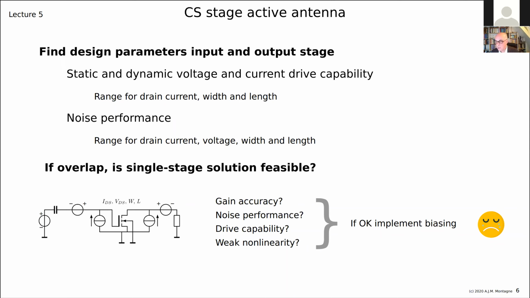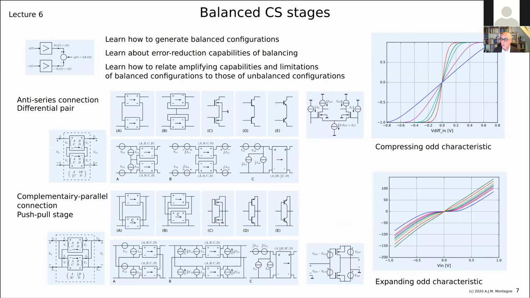And in structured electronic design, we have techniques for improvement. That's a limited number of techniques, and we call them error reduction techniques. One technique is compensation. If you have an error, maybe we can compensate for the error. And what kind of compensation techniques do we have? An important compensation technique is the balancing technique.